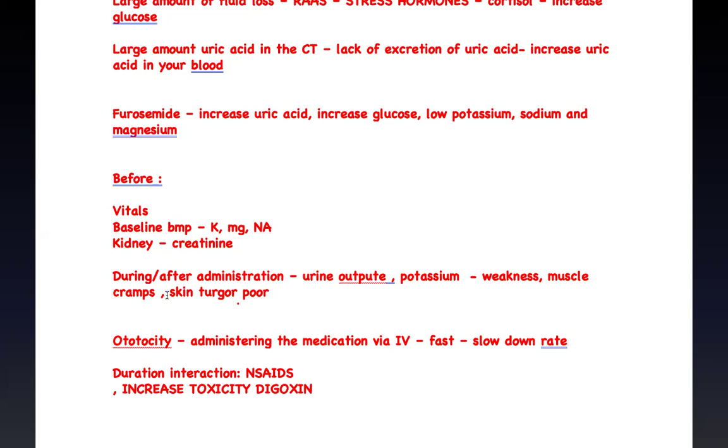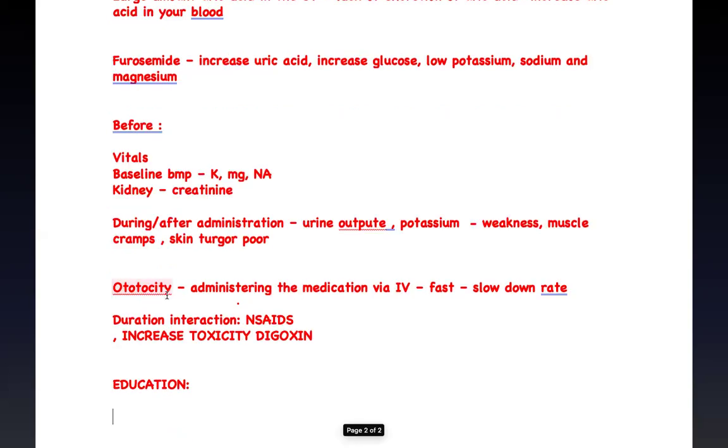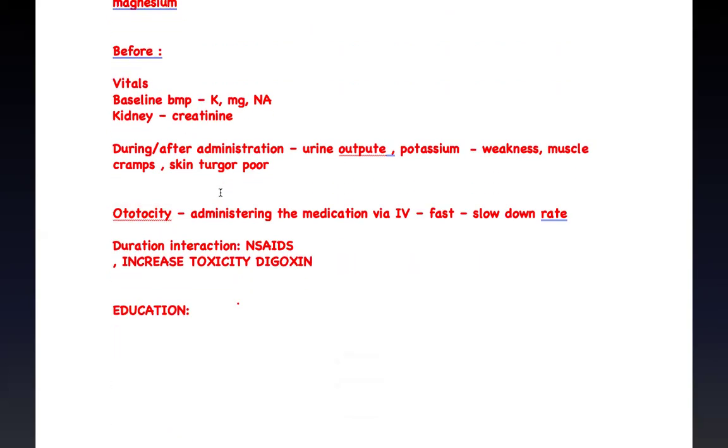Of course, you will have to teach the patient, because NCLEX really likes education. Education is always key. A potassium-rich diet: they should stay on it, and they should report signs of hypokalemia.